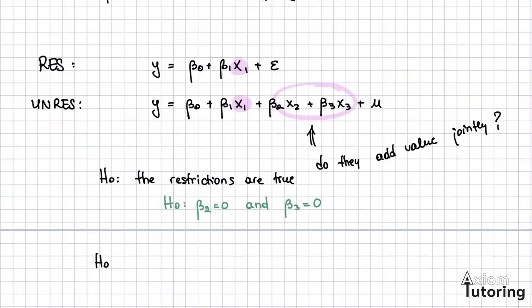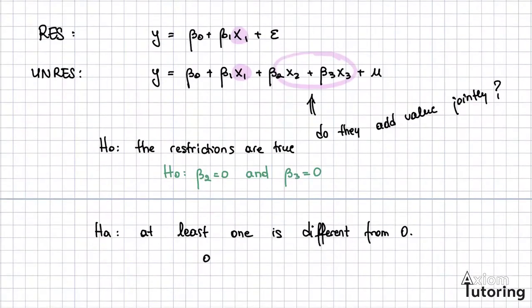And the alternative hypothesis is that at least one is different from 0. So we're saying at least one restriction is false. Keep in mind, this is not about one coefficient, but about the group of variables together, in this particular case, x2 and x3 together.